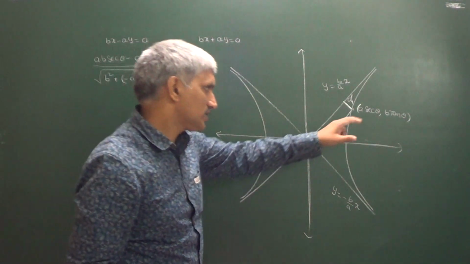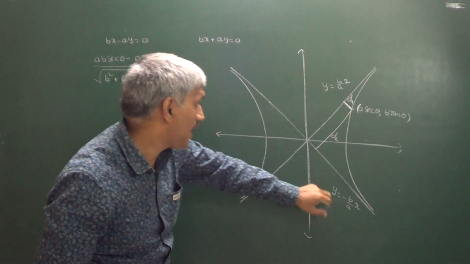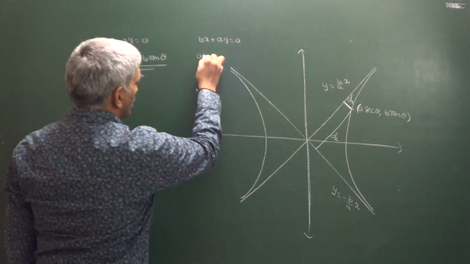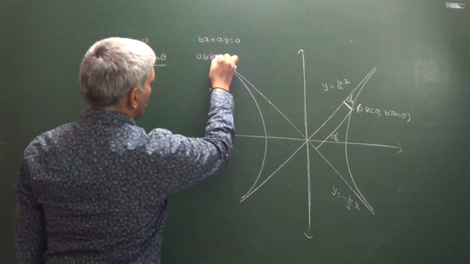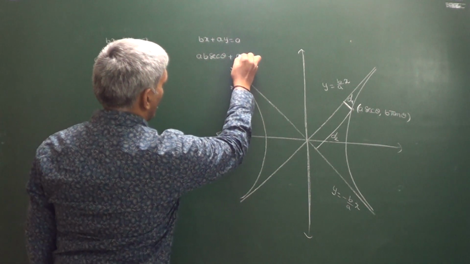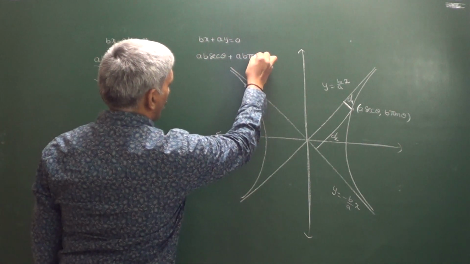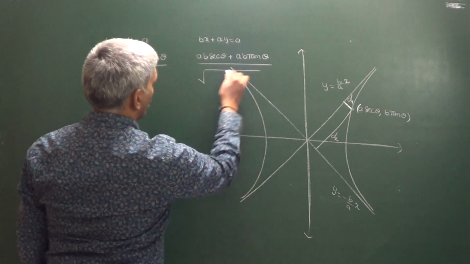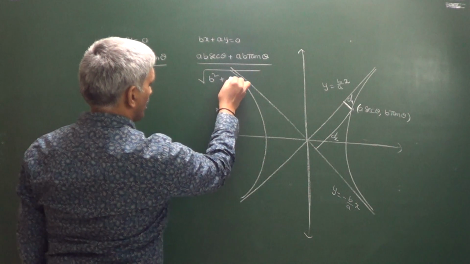Again, from the same point onto this line, what is the perpendicular distance? You will get ab secant theta plus ab tan theta, divided by the square root of b square plus a square.